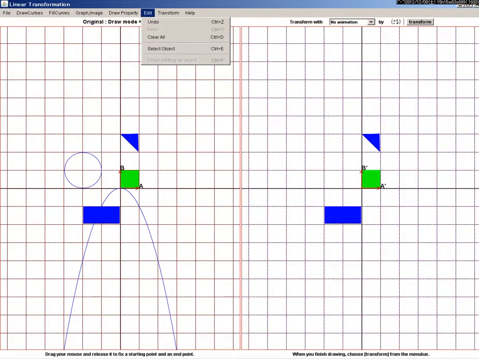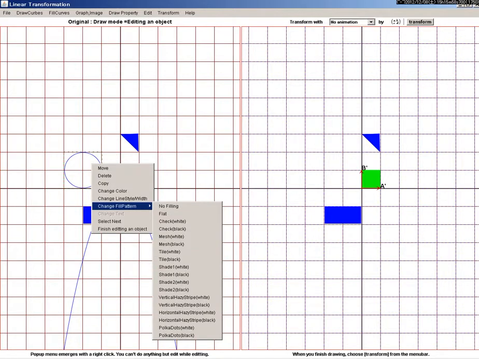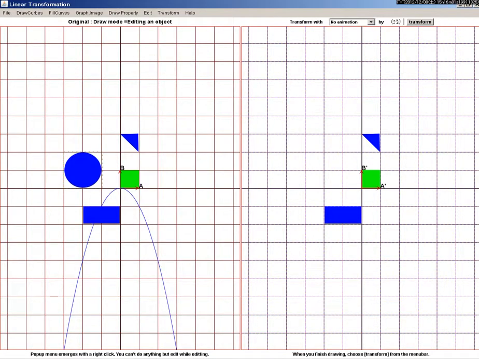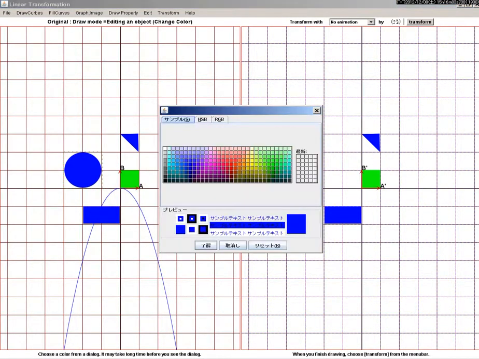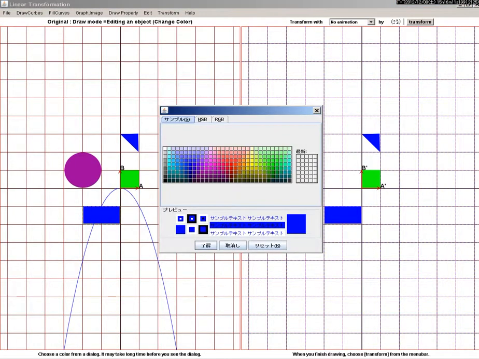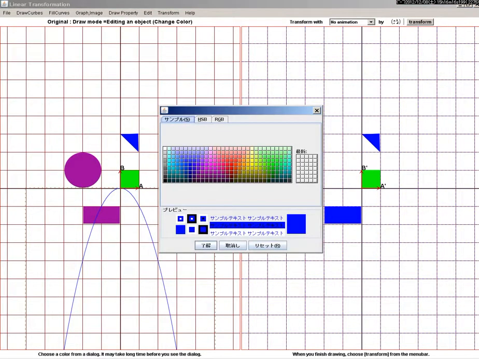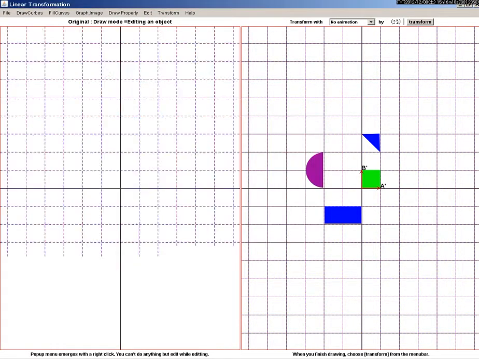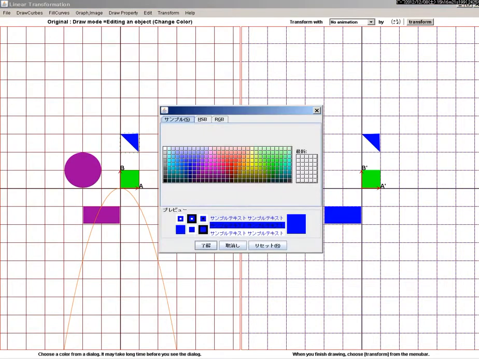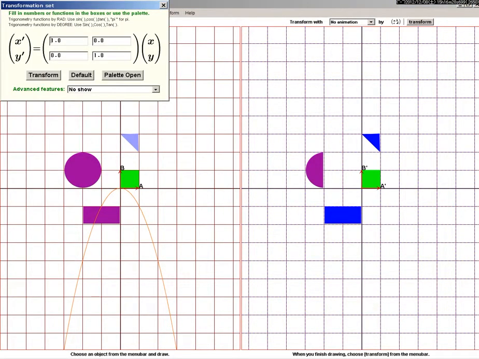And we're going to change the color. And finish editing. So let's change the object.